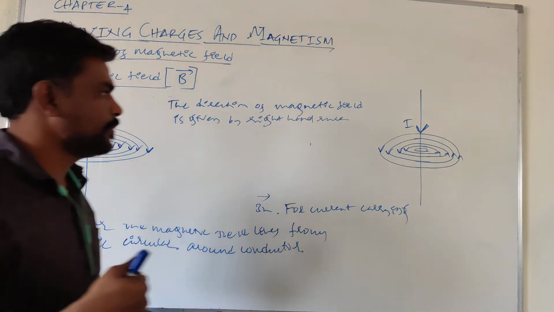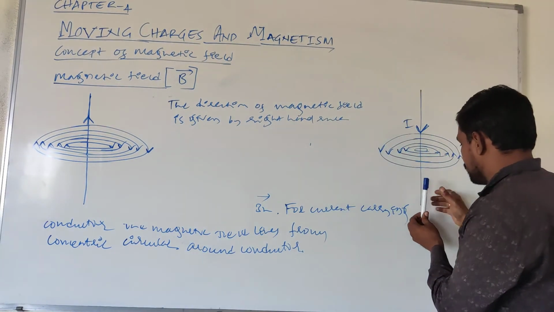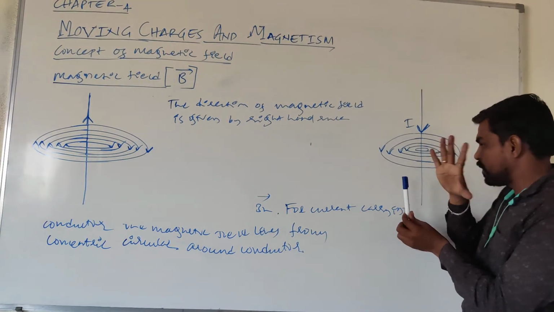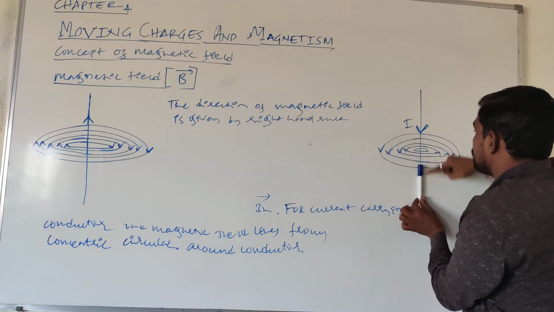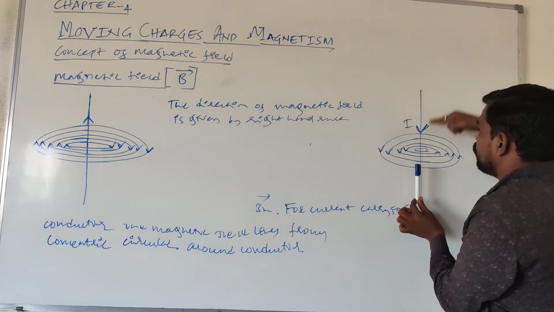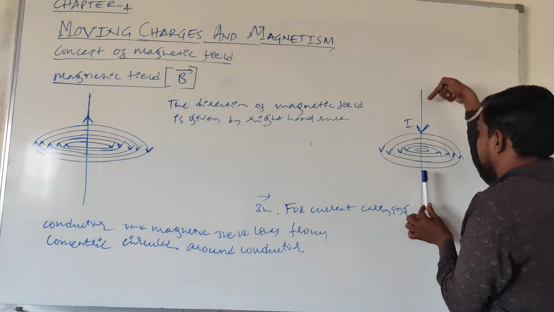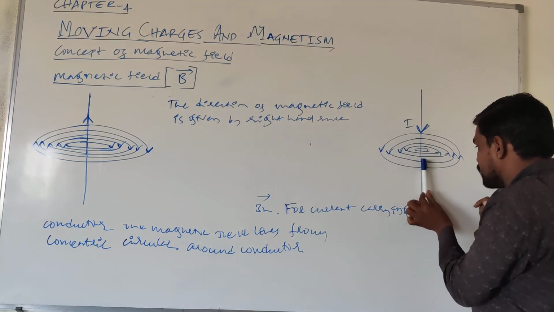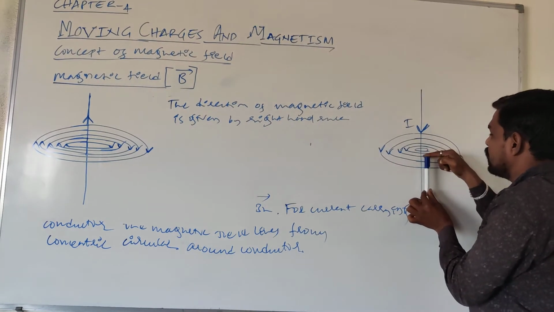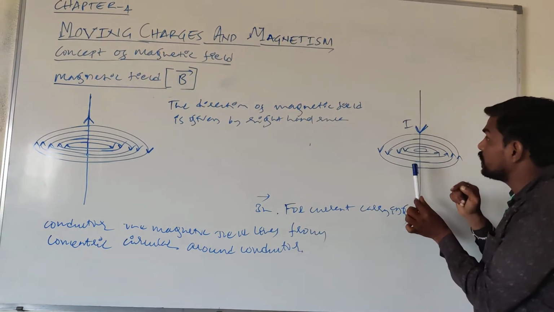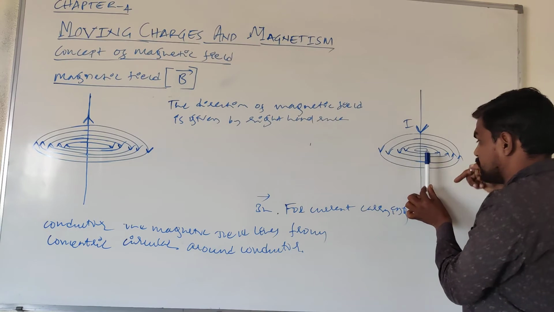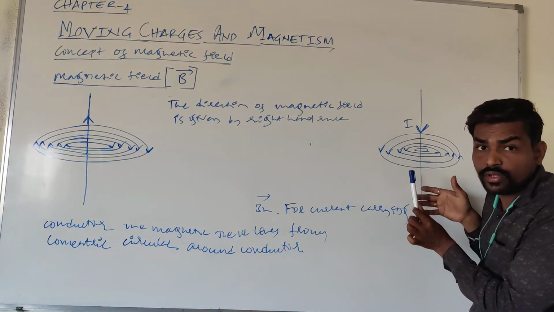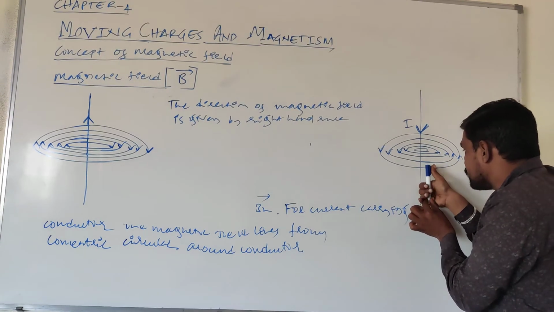Right, so here what happens, see, very important. The magnetic field direction of the current carrying wire, the current direction. Now this is a wire, and the current is coming in this direction. Now I am going to apply the right hand rule like this.